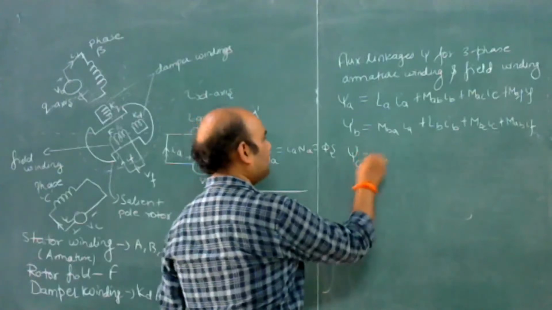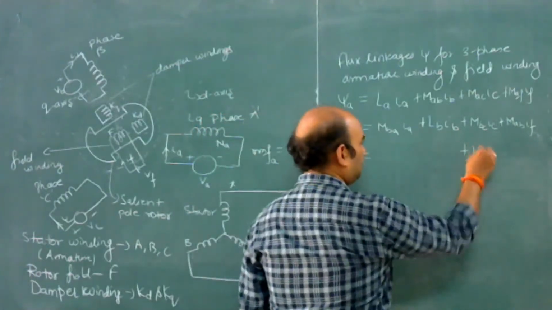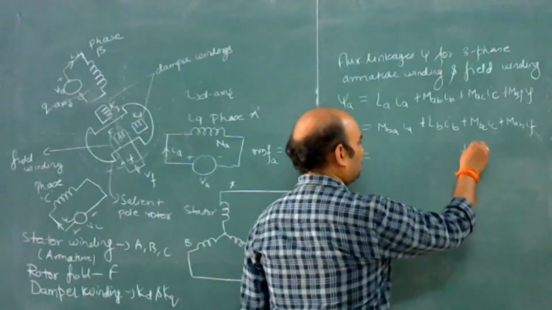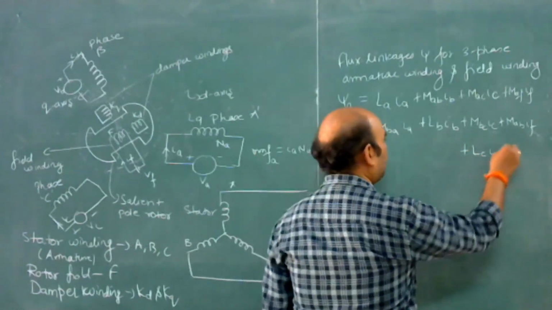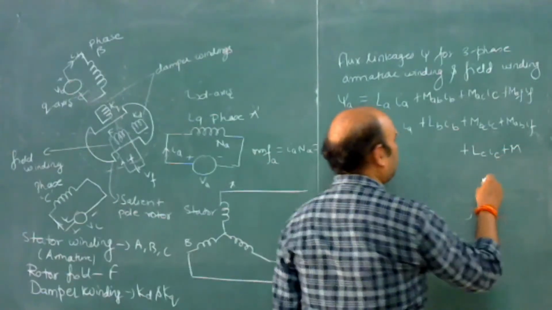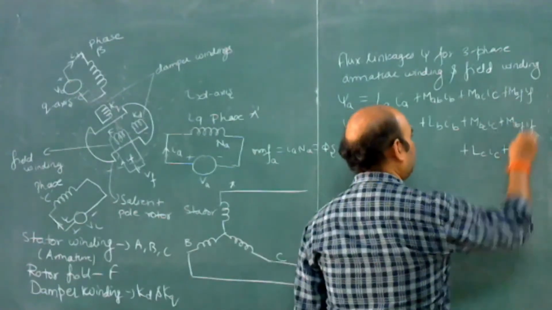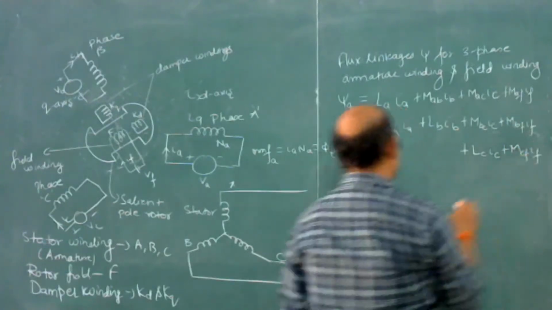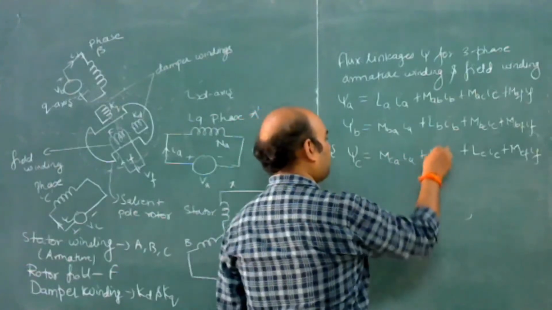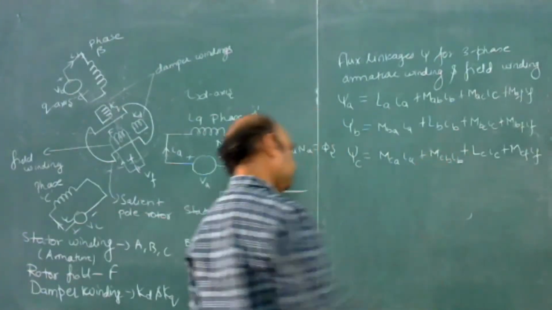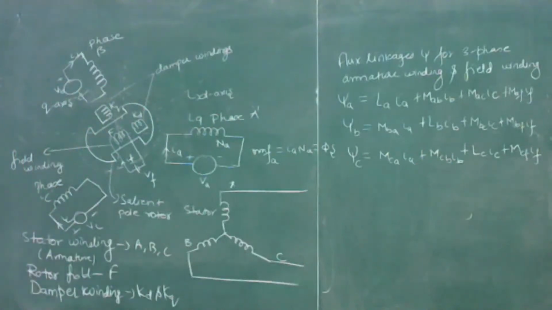Similarly, phi C will be its self-inductance LC IC plus MCA IA plus MCB IB plus MCF IF. Okay, so this is the equation of the flux linkage in the three-phase winding, and similarly we can write for the field winding also.